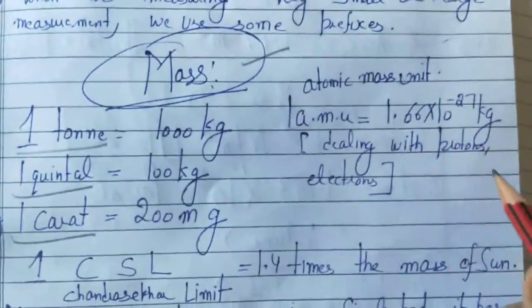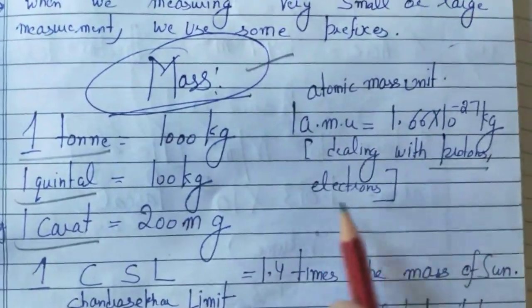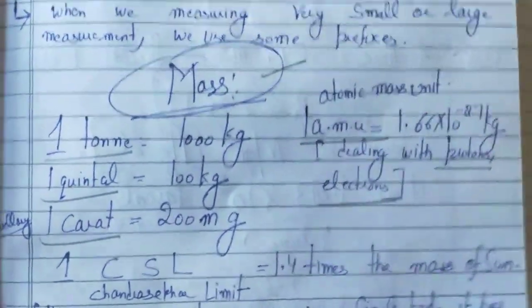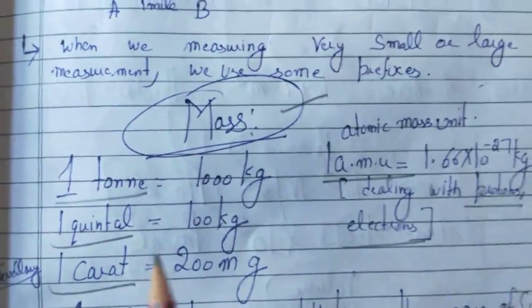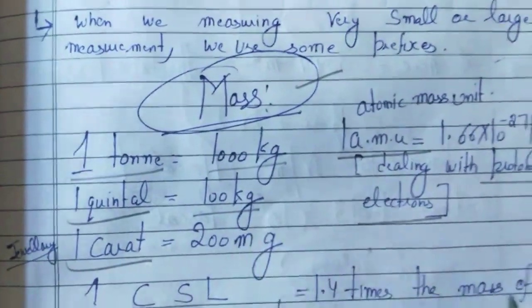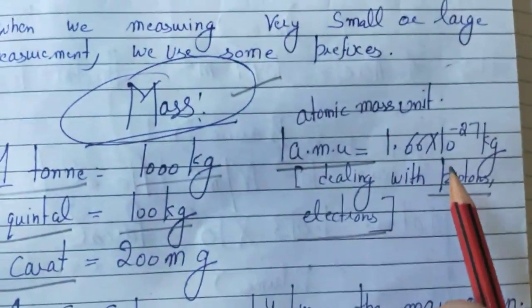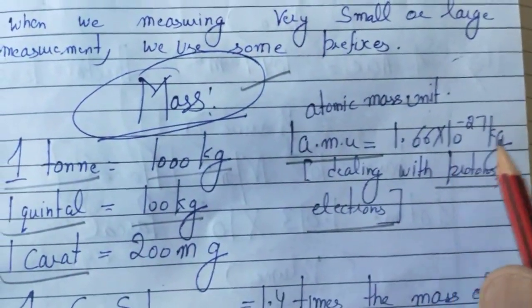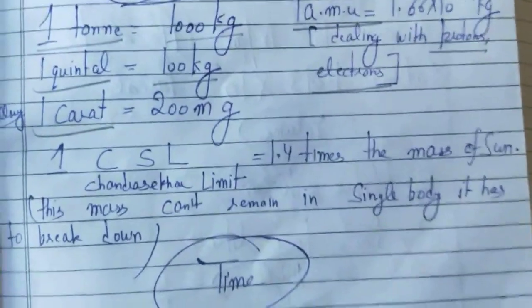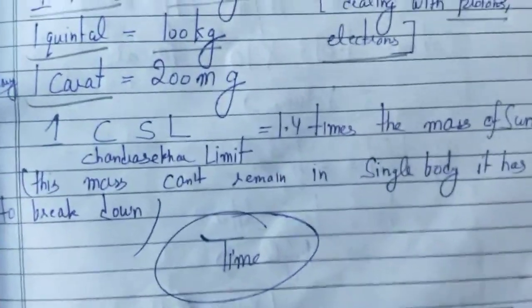And when we are dealing with protons and electrons, we measure the mass in 1 AMU, atomic mass unit. 1 ton is equal to 1000 kg, 1 quintal is equal to 100 kg. 1 atomic mass unit is equal to 1.66 into 10 to the power minus 27 kg. And 1 carat is equal to 200 milligram.